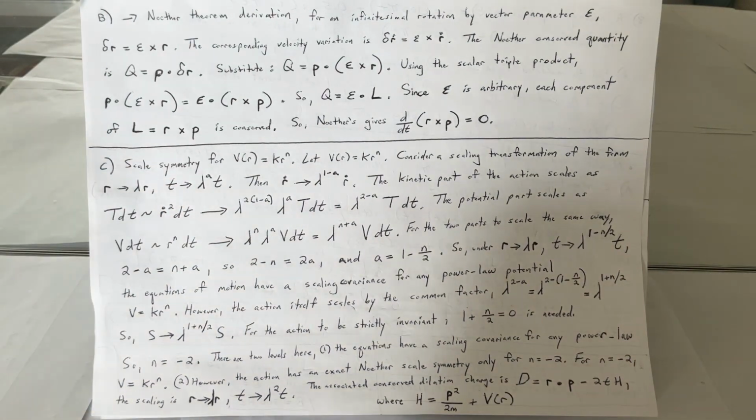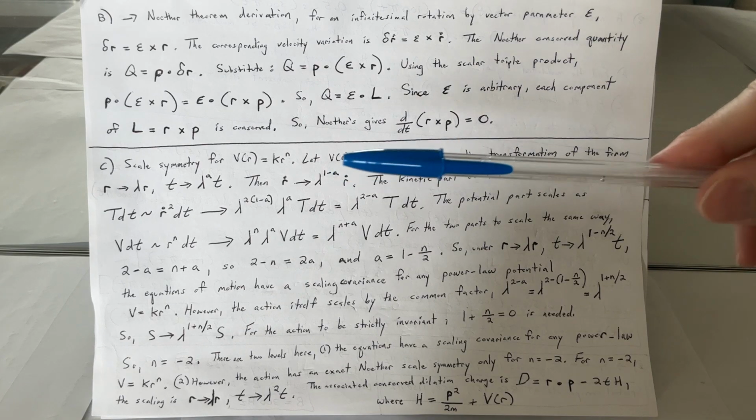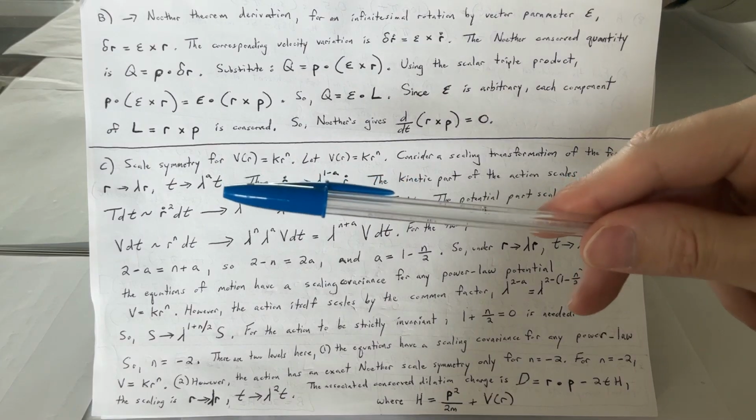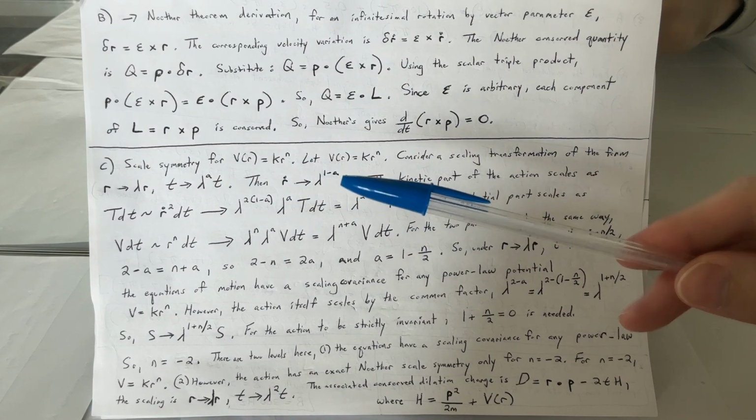So scale symmetry for V of r equals k r to the n. Let V of r equals k r to the n, and consider a scaling transformation of the form r goes to lambda r, t goes to lambda to the a t, r dot goes to lambda to the 1 minus a r dot.